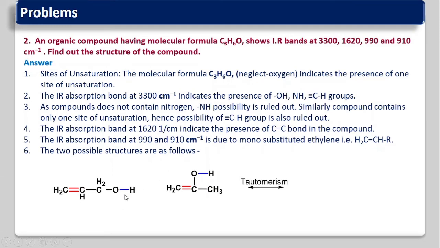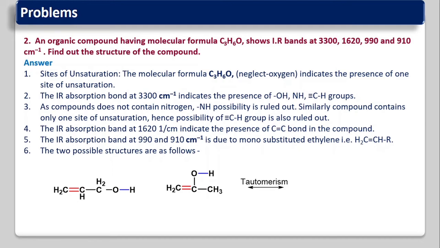The alcohol OH stretching frequency is around 3300 cm⁻¹, and the terminal, mono-substituted double bond absorbs at 1620 cm⁻¹, while the mono-substituted ethylene absorbs at 990 to 910 cm⁻¹.